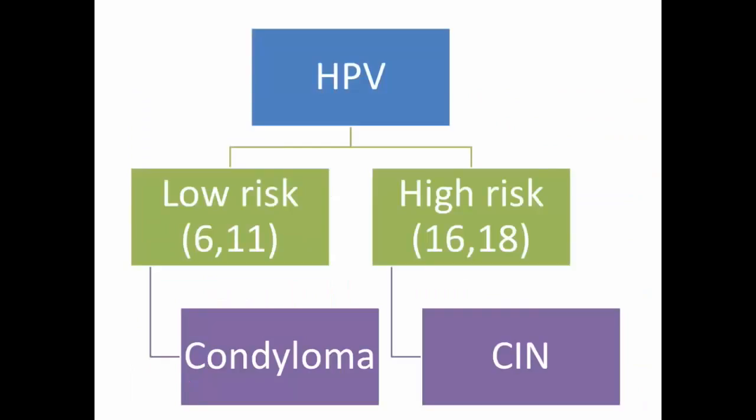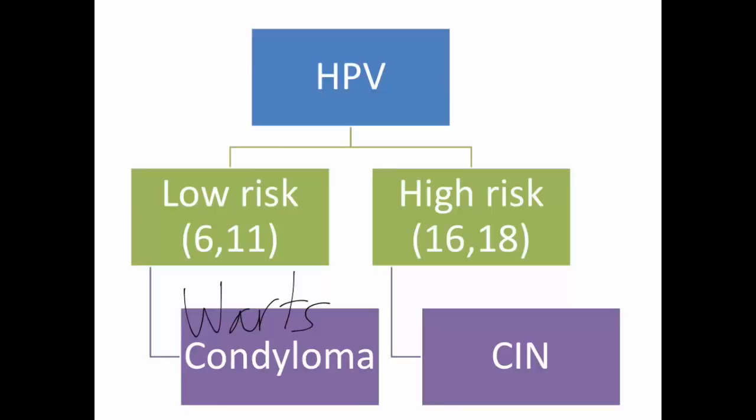Now, talking about HPV, we have two categories: low risk and high risk. What are we talking about when we say risk? Basically, the risk of developing cancer. Low risk, we have two kinds, 6 and 11. These usually give us condyloma, which is basically genital warts. If you want to know more about that, you can check out our video about STDs.